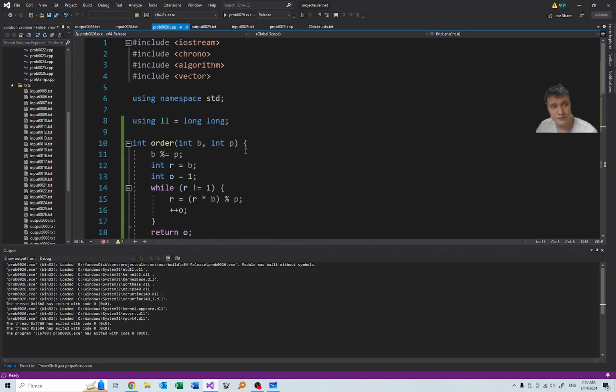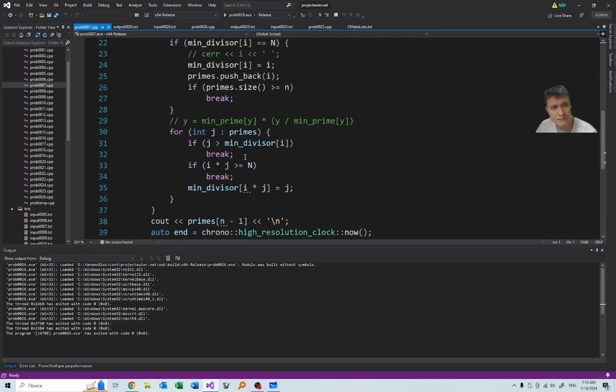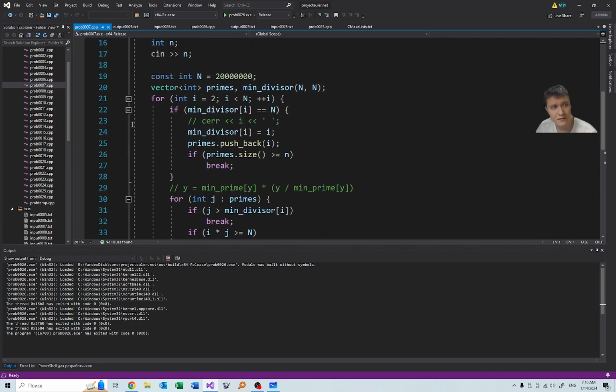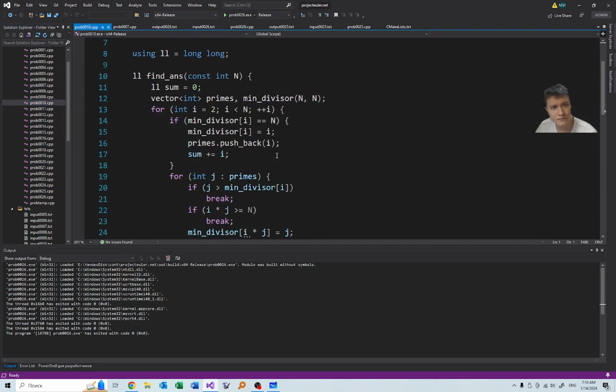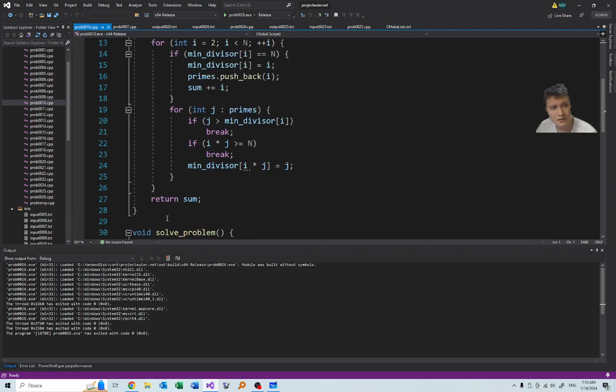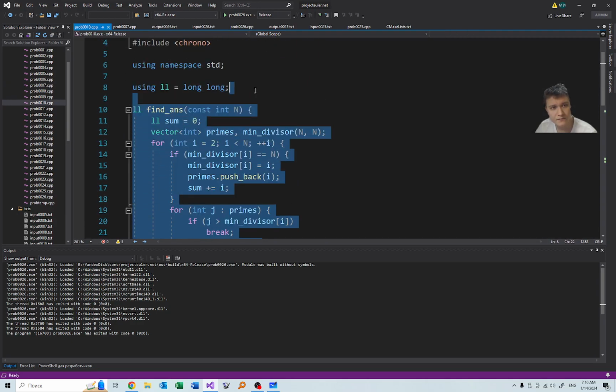Okay, to do that, let's use Eratosthenes sieve, which I believe is in the 7th problem. Yeah, maybe it's also in the 10th problem. Yeah, it is in the 10th problem.